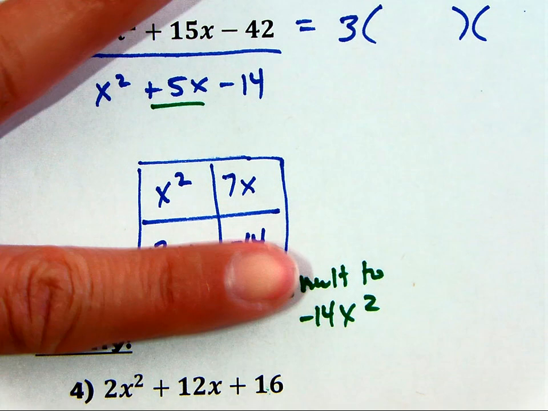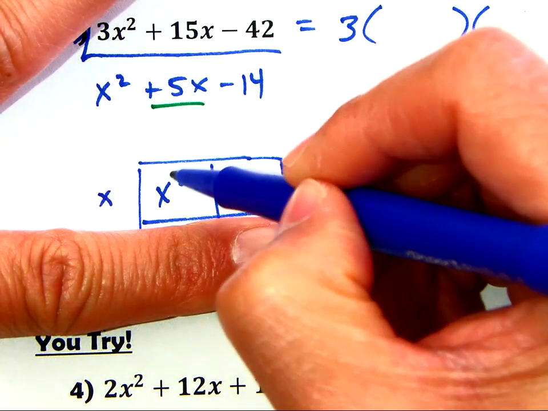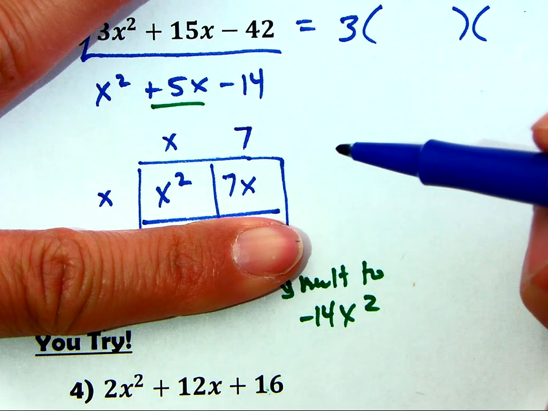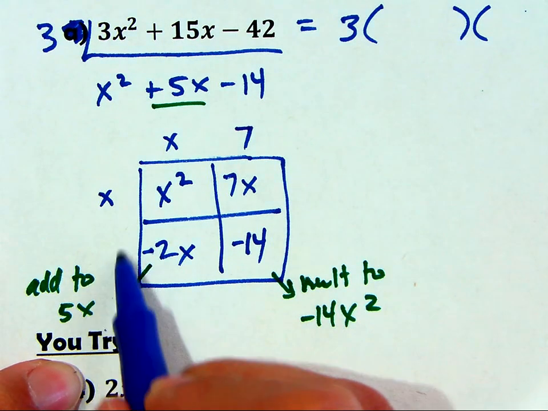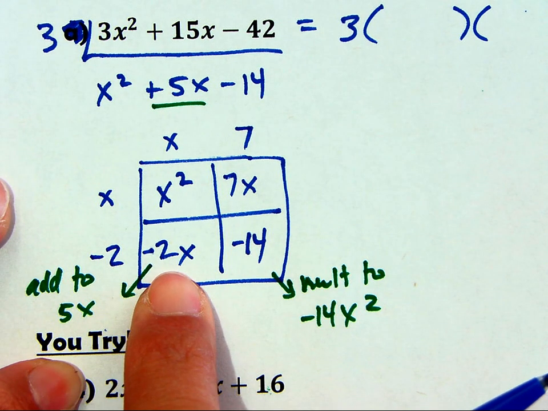All right, so top row, those terms only have an x in common. This product would need another factor of x. To make this product, we need a factor of 7. And then we would need a factor of negative 2 to make the product of negative 2x.